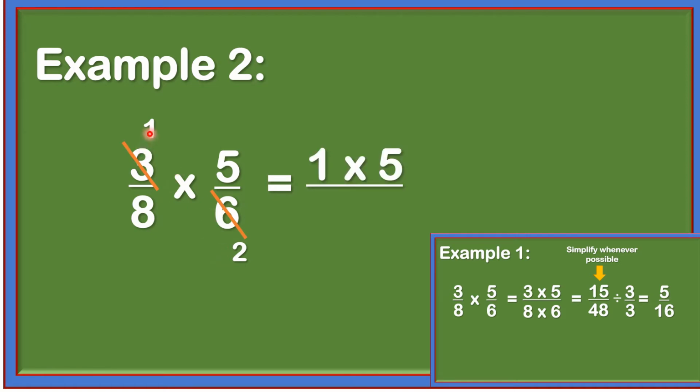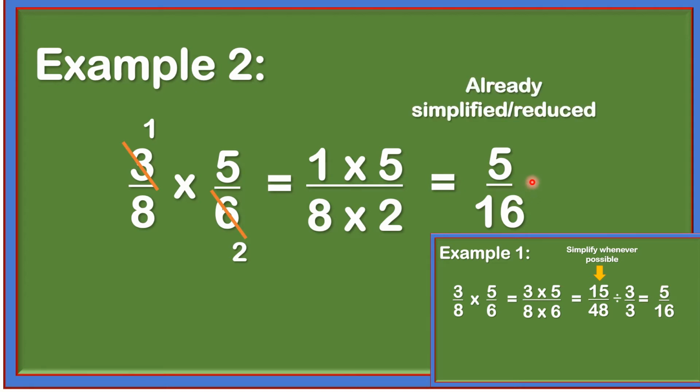So, 1 na lang ito. 1 times 5 at saka 8 times 2, which is 5 over 16. Same answer lang din, no? Diba? Ito siya, it is already reduced. It is already simplified or reduced. So, mas madali. Diba?